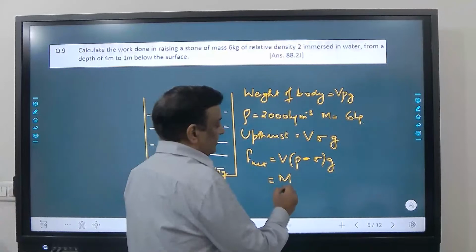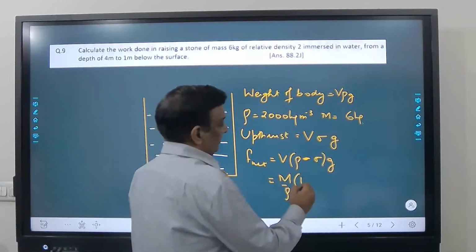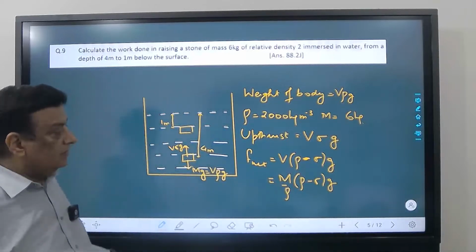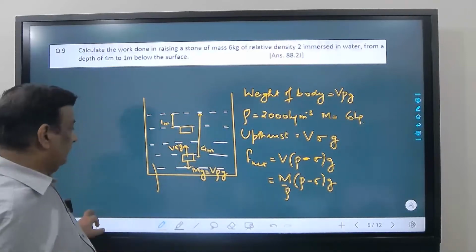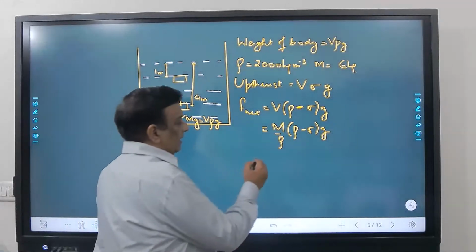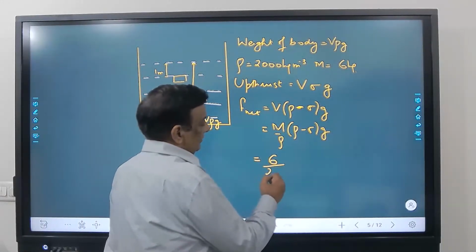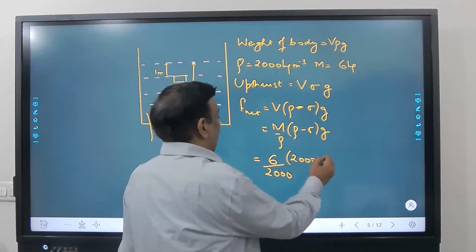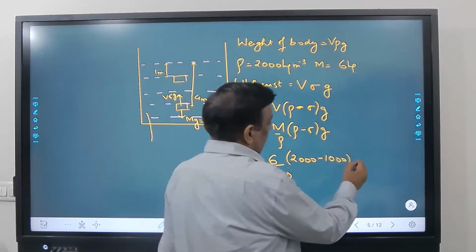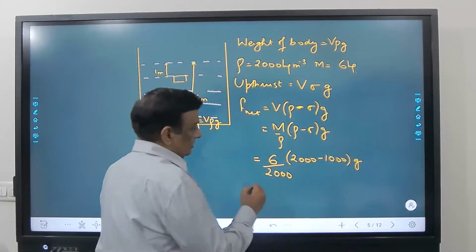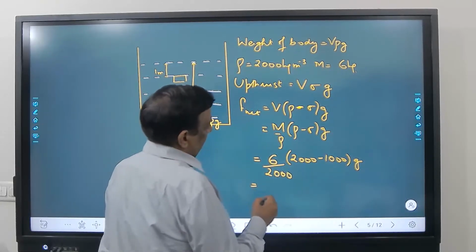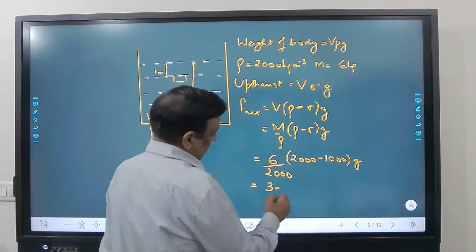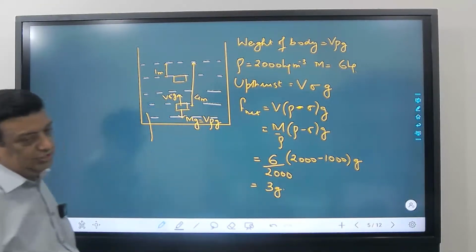Volume is mass over density. अगर हम substitution करें, mass is 6 kg, density is 2000, density of water is 1000 into G. So this comes out to be 3G.